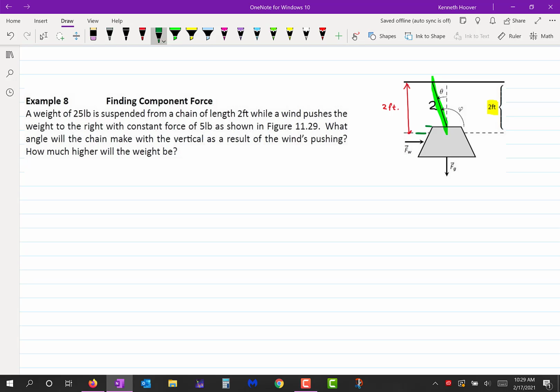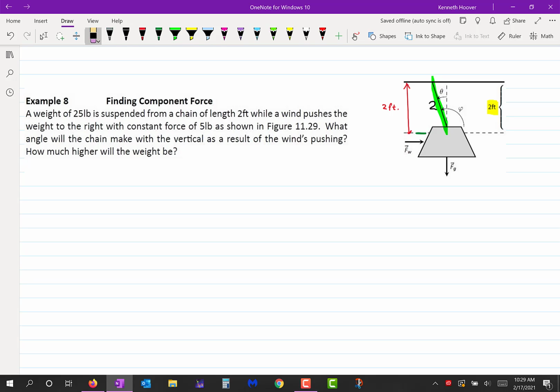And then when the wind blows, we haven't got there yet, have we? A wind pushes the weight to the right with a constant force of 5 pounds. Okay, and when it does that, the weight swings to the right, but the length of the chain doesn't change, and so the weight goes up a little bit as it swings to the right.